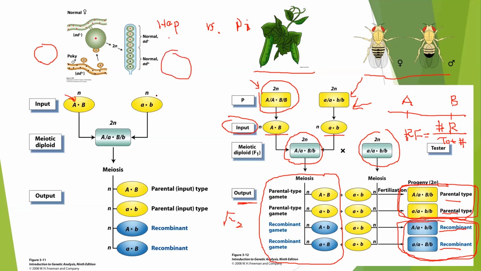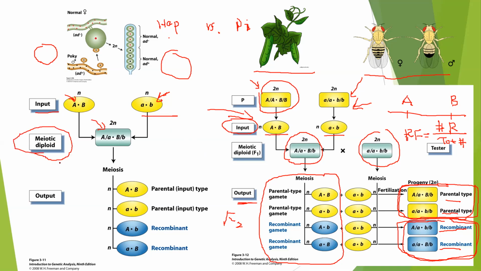This is one parent, and this is another parent. They are haploid. We call their genotype the input as well, like the diploid parents here. So we have two input genotypes, and then these two parents will form a meiotic diploid meiocyte.